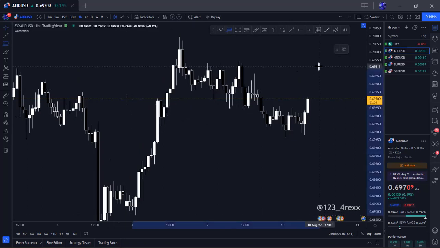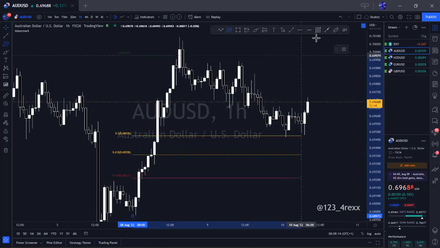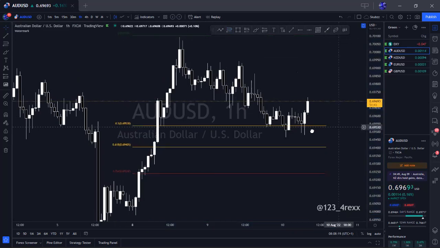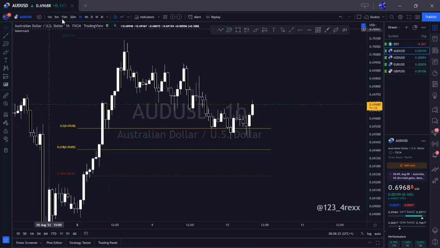It's reacting at the golden ratio. It's actually reacting at the golden ratio. Let's see something.